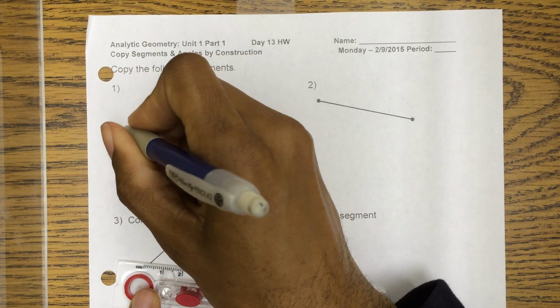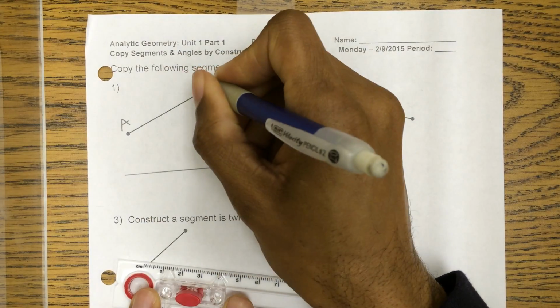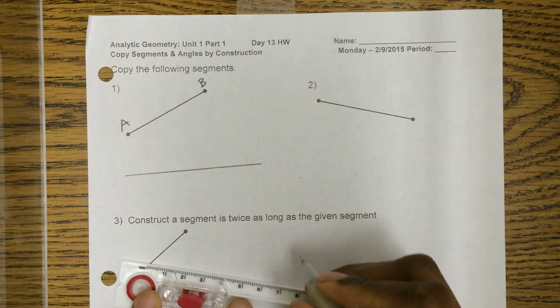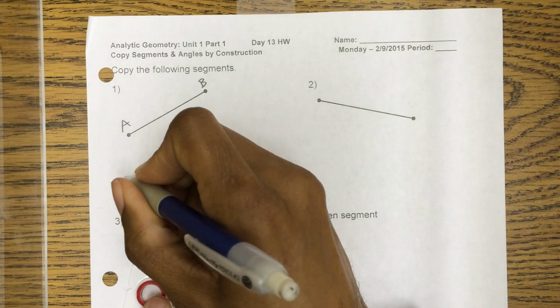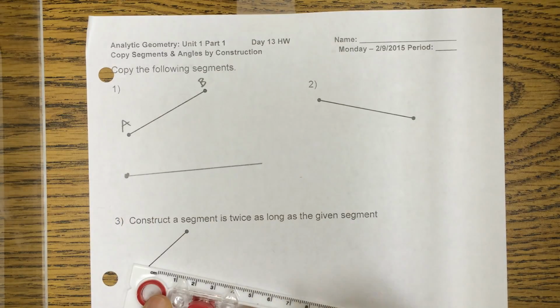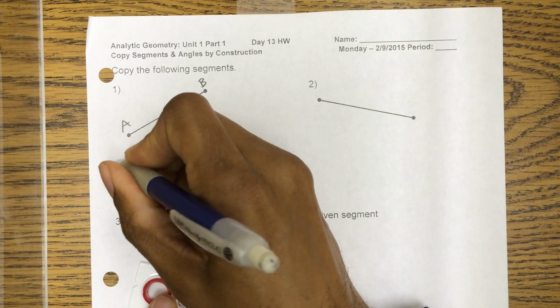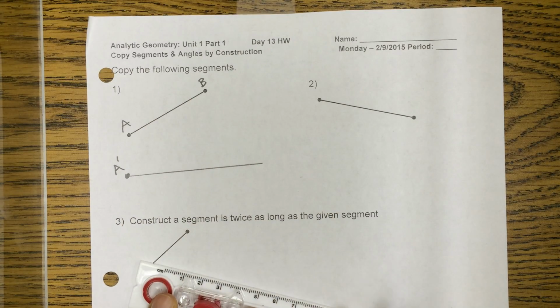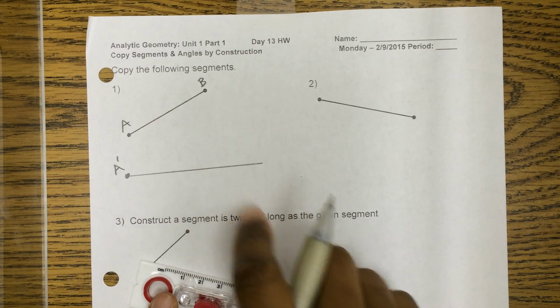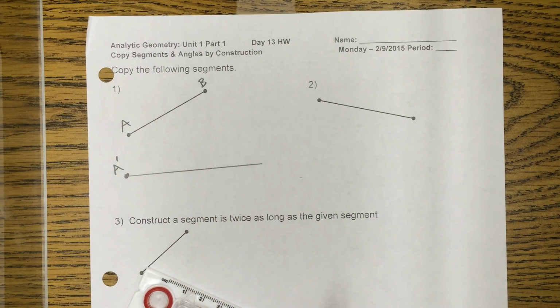Let's say this was segment AB, just so you can keep track of what I'm doing. This is going to be my new point A, so I will call it A prime. So all I really need is my new point B to find out exactly where that's going to be.